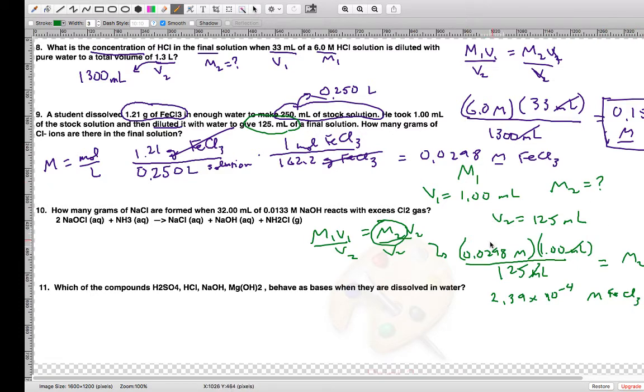FeCl3. Okay, now they want grams of chloride ions. So I'm going to have to convert this into moles of FeCl3, and then convert that into moles of chloride ions, and then convert that into grams of chloride ions. And I can do it all in one go. So let me show you what I mean by that. 2.39 times 10 to the negative fourth.